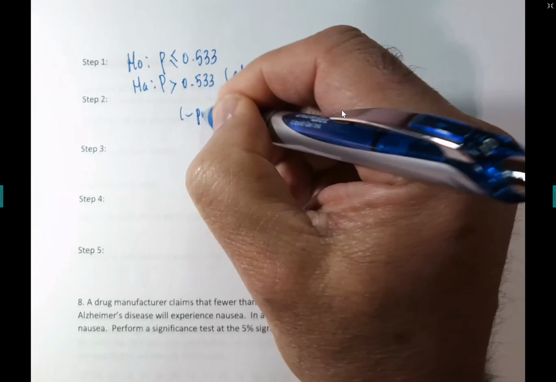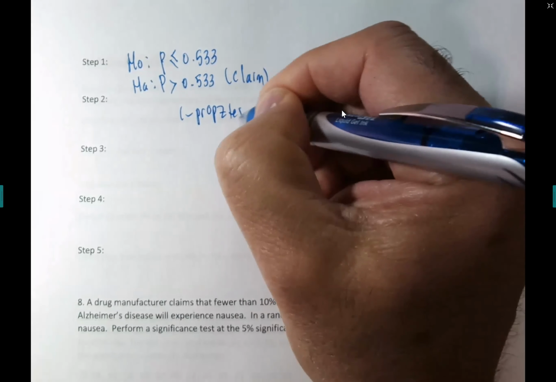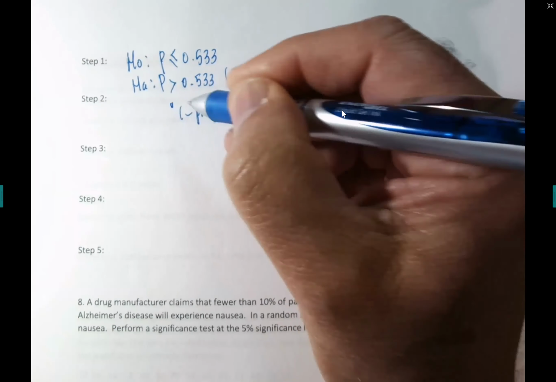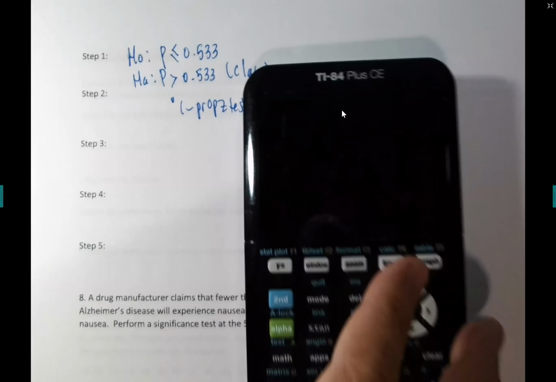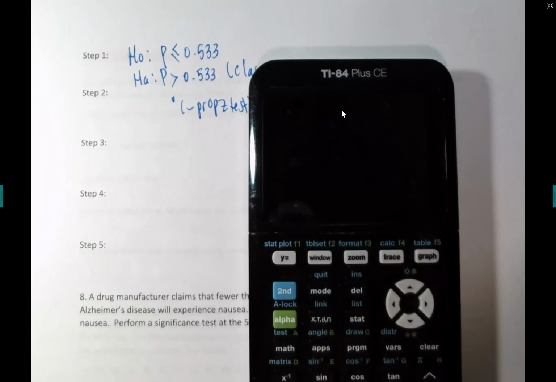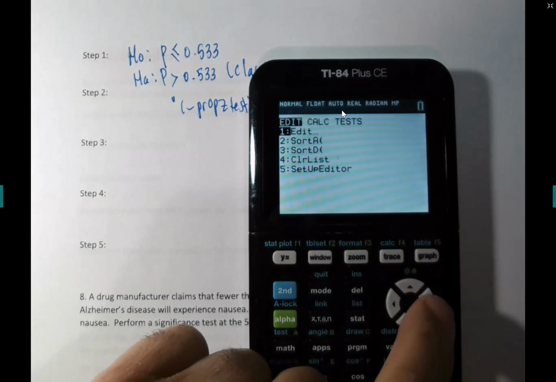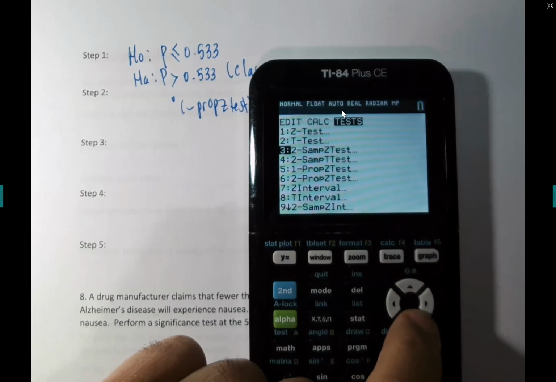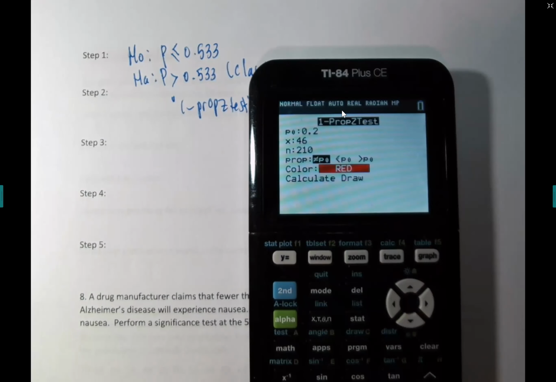One prop Z test, guys. Right now for this chapter, we're only using Z test, T test, and one prop Z test. That's it. Only those 3. We're trying to make it simple on you guys.